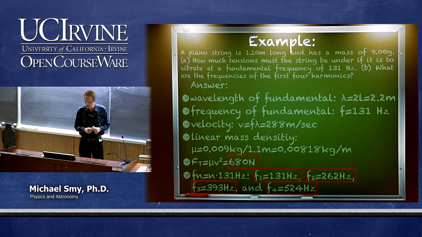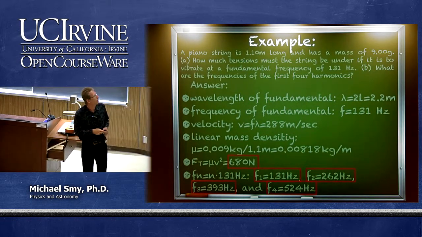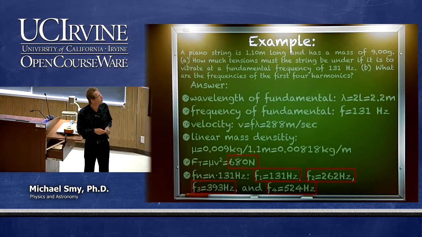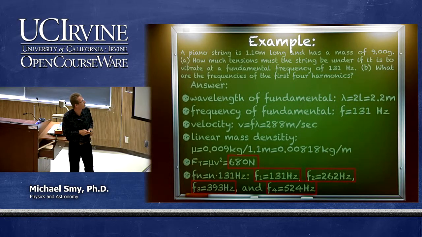And so the answer is, for the fundamental mode, we know that the wavelength is twice the length of the string. And since the string length is given as 1.1 meters, that means that the wavelength is 2.2 meters. So we found the wavelength of the fundamental mode.